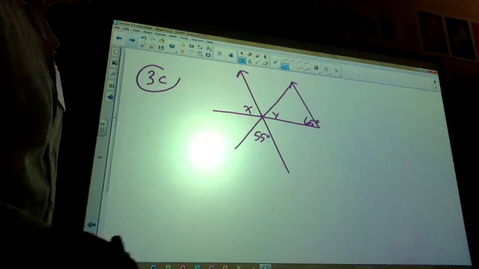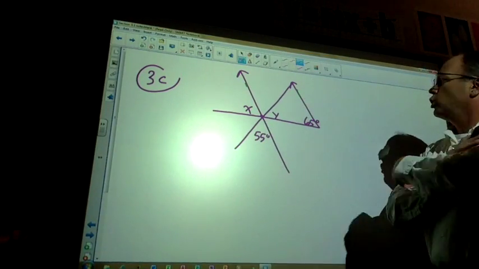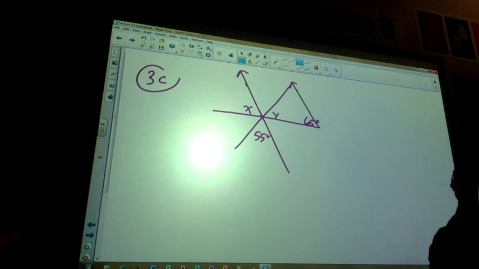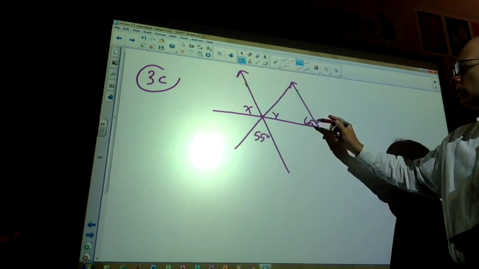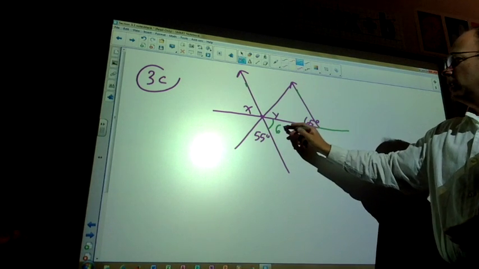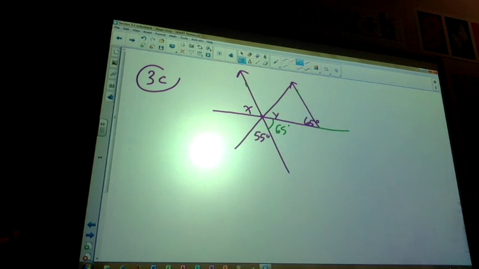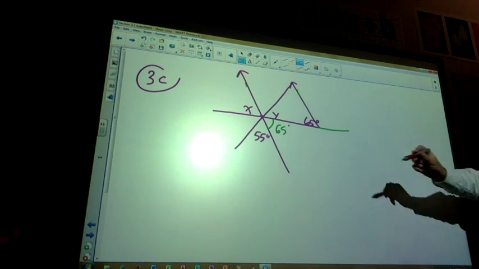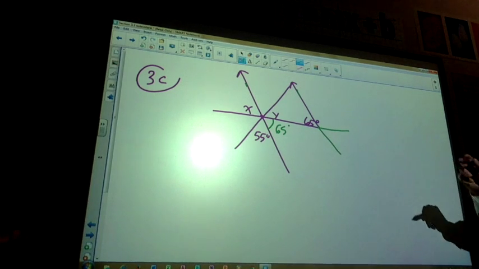So, let's see what we know. We know that these lines are parallel to each other. And if this is a transversal, so this here would have to be 65 degrees as well because those would be alternate interior angles. Yes? Would that be right? Okay.